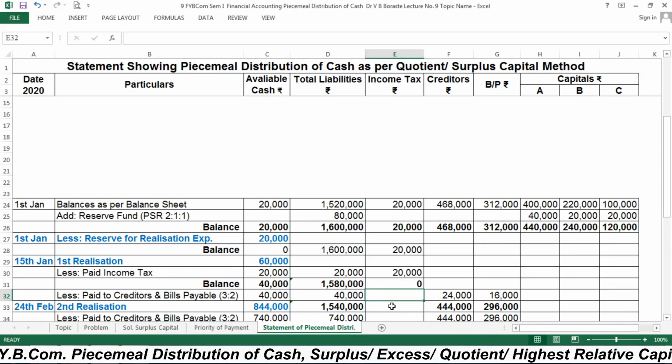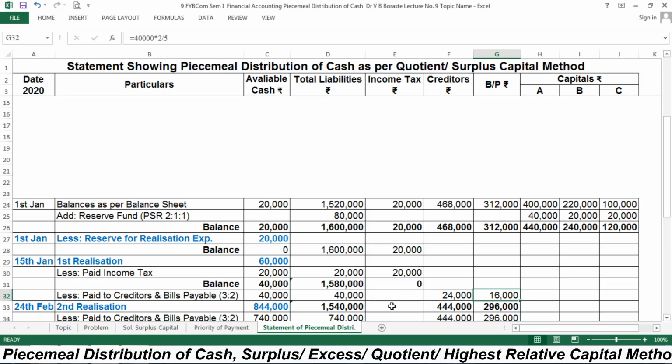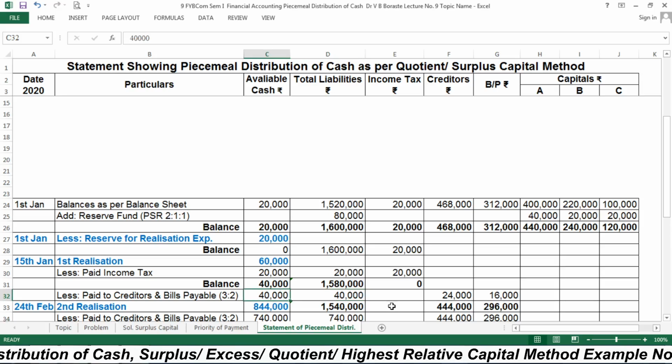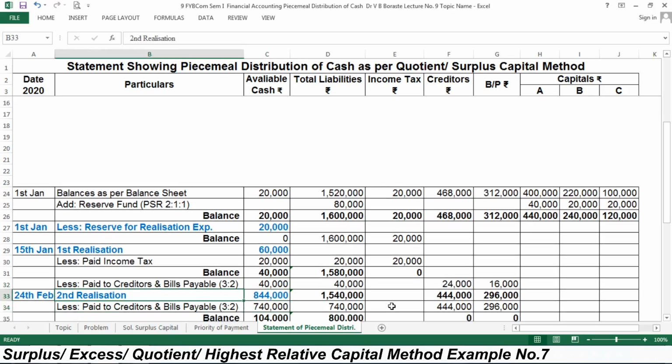Creditors will receive 24,000 and the balance, that is 2 shares of rupees 16,000, will be received by bills payable. After the payment of creditors and bills payable, in our hand we don't have cash, so here the balance is again nil, that is 0.